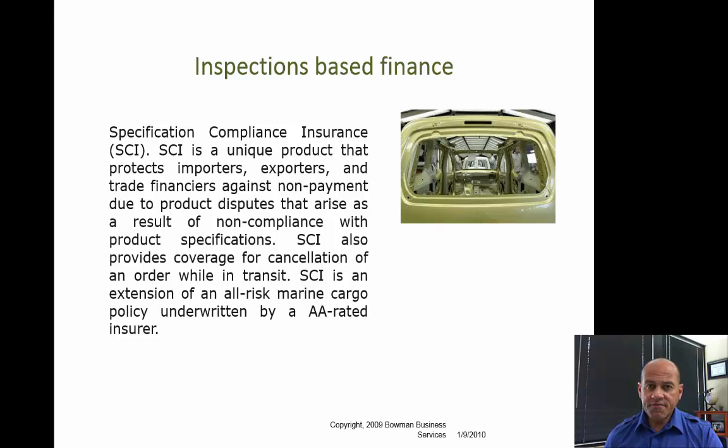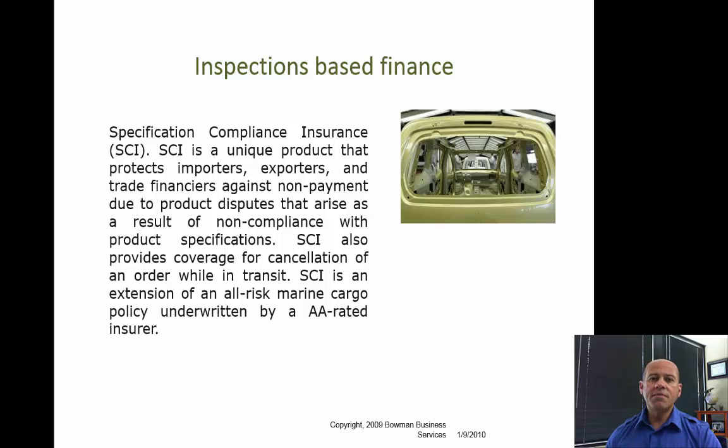There are types of financing where a lending entity will lend money based on an insurance policy. Some lenders will lend based on what we call contract frustration policies. But the one I'd like to speak to is an unusual kind of insurance called SCI, Specification Compliance Insurance.